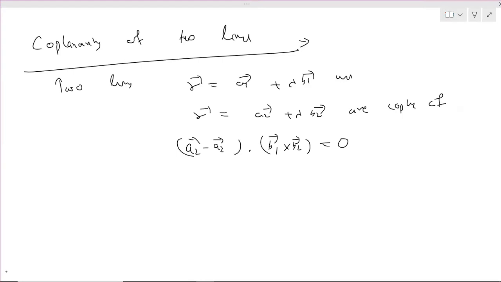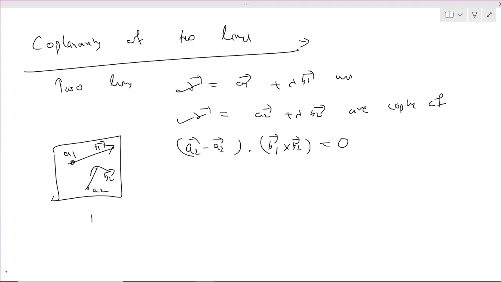Alright, you can either memorize this or remember it like this. A1 and A2: if two lines are coplanar, then both the lines are like this in the same plane. This is A1, this is A2, B1 and B2. Again, whenever we're talking about a plane, we have to find the normal.